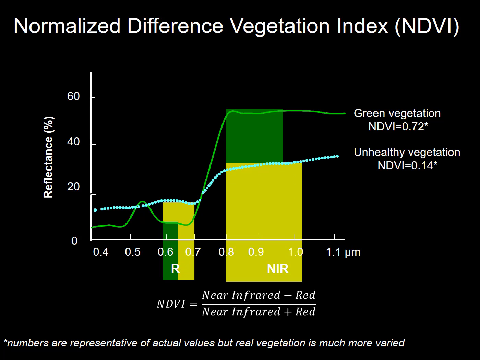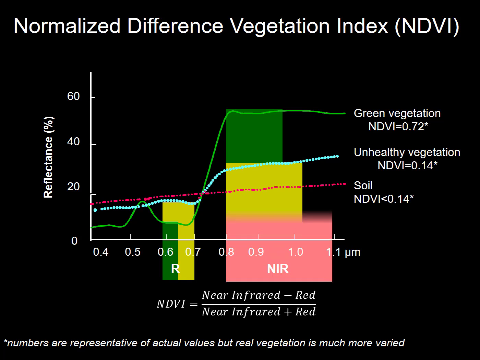Unhealthy or sparse vegetation reflects more visible light and less near-infrared light, and therefore presents lower values of NDVI. Finally, bare soil presents very low values of NDVI, making it easy to apply a threshold to filter the soil influence out of vegetation applications.